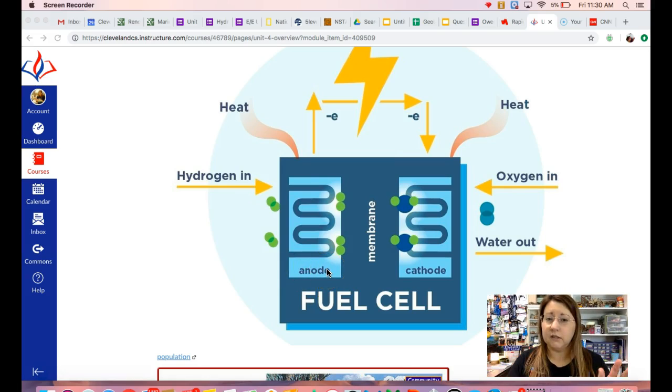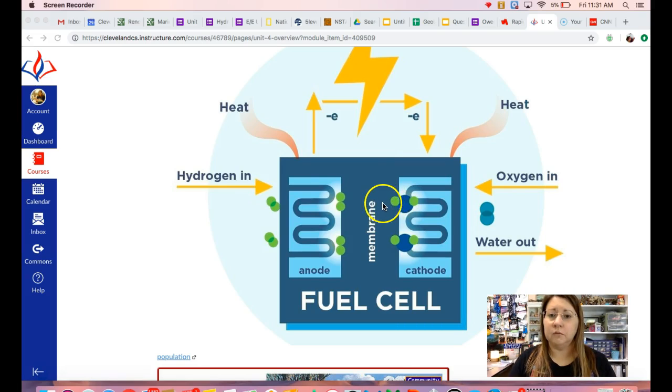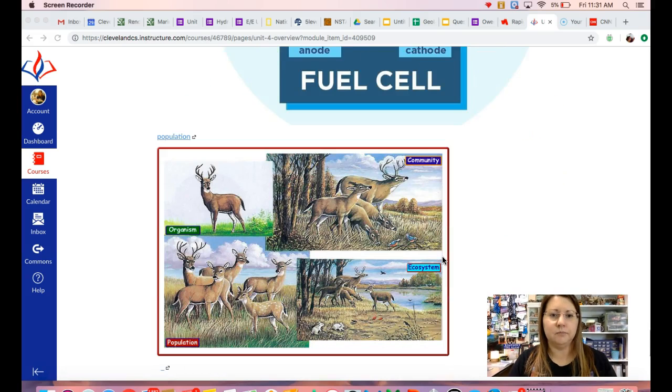So it separates the protons and the electrons, and it's going to force the electrons into a little circuit that will allow for it to generate electricity. And then the leftover protons and electrons from hydrogen are going to combine with oxygen to make, you guessed it, water. So that water is a byproduct of this fuel cell. So it's going to release heat, it's going to generate electricity, and also produces water as a waste product, essentially.